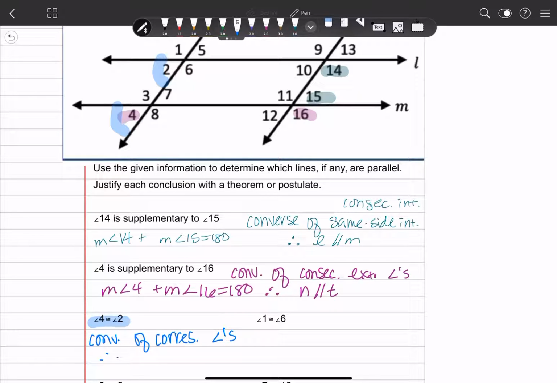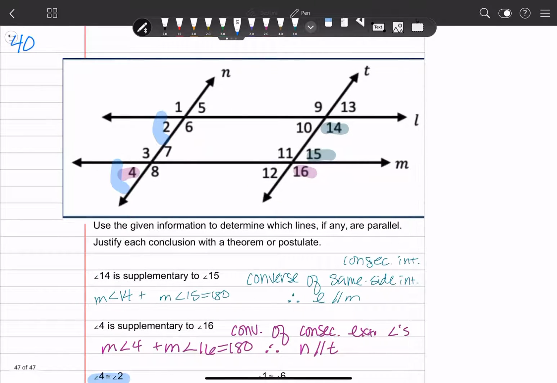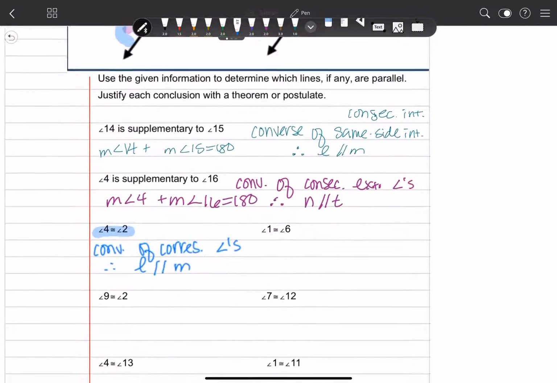And therefore, line L is going to be parallel to line M. And that's because our transversal for that one was line N. And the lines that the transversal cut and intersected were lines L and M.